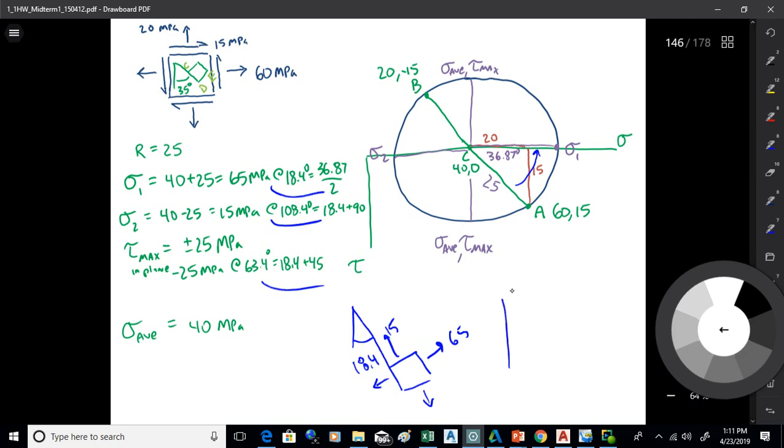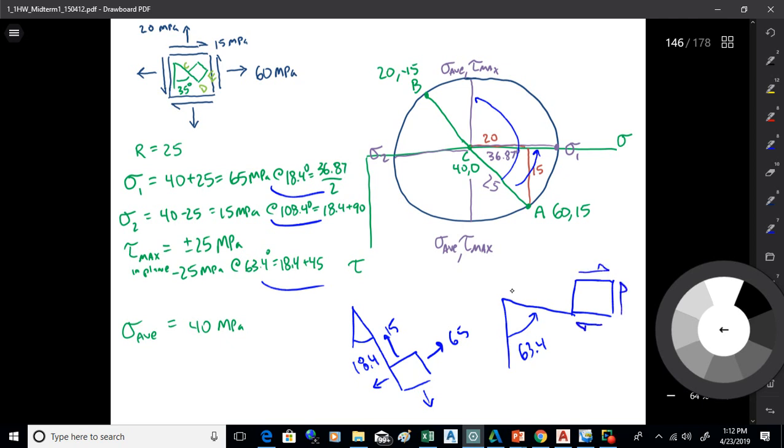And then the maximum in-plane shear sketch, you got the 18.4, 45 more will get you 63.4, and then you got an element there. On that particular plane, which is the one up here, we've got a negative shear stress, right? Yeah, we do. So on that plane, we got a negative shear stress. That would rotate the element clockwise.